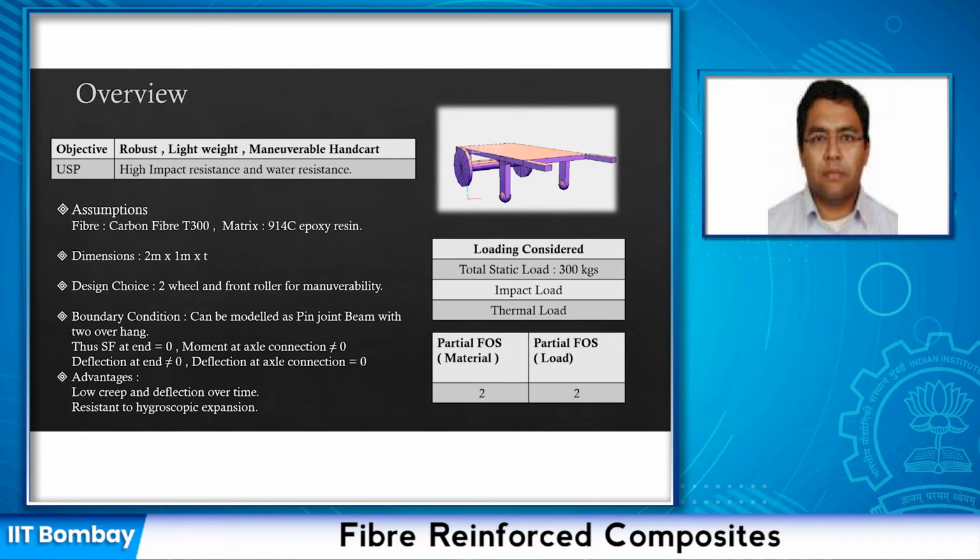As you can see, the boundary condition is such that I can model my beam as pin jointed with two overhangs. The advantages I expect from this material and configuration are that it will be highly resistant to deformation over time, and it is expected that the axial loading will be provided as a UDL. Thus, the thickness of the material is expected to be low. So that's from my side.